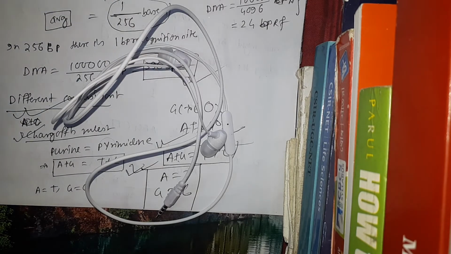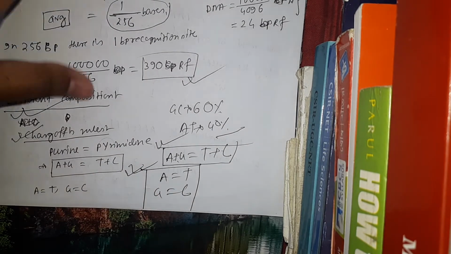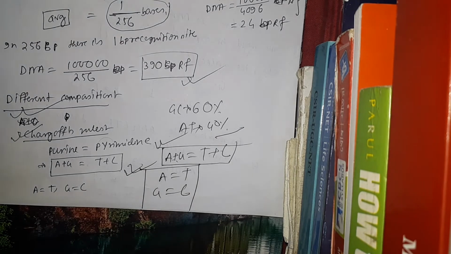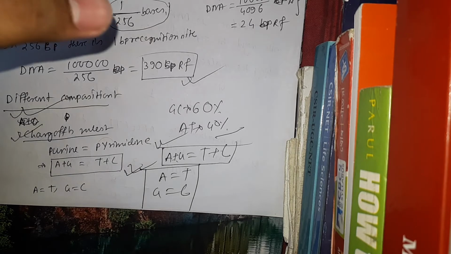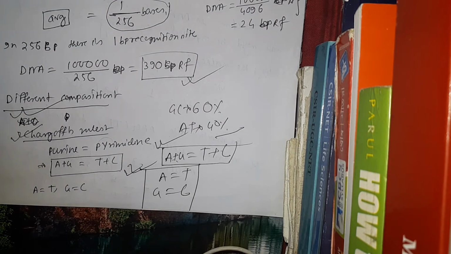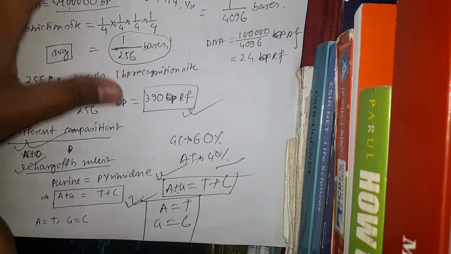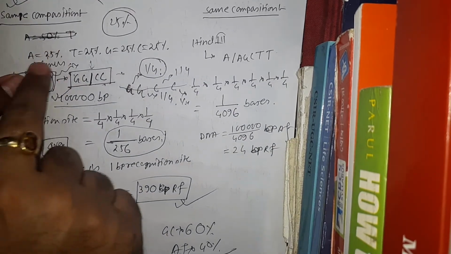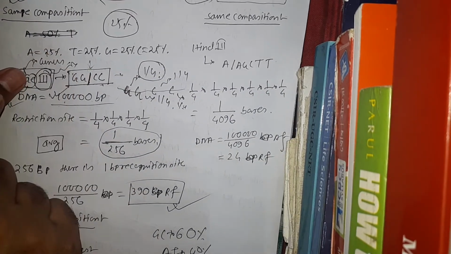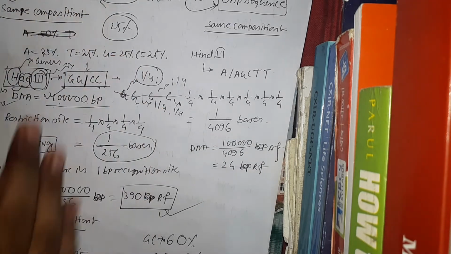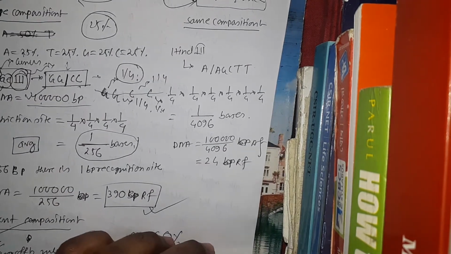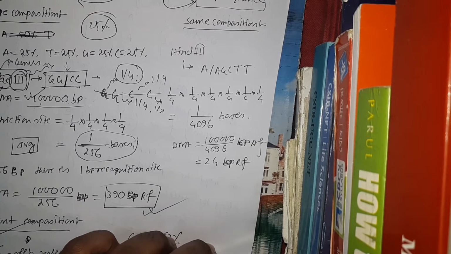They are asking how many restriction sites will be there, and they also tell us that in that particular chromosome the GC content is 60%. That means the amount of GC is 60. And in case of the same composition, we are considering that GC content is 50%. We will do a math problem and it will be more clear to you. So let's move to the math question first.